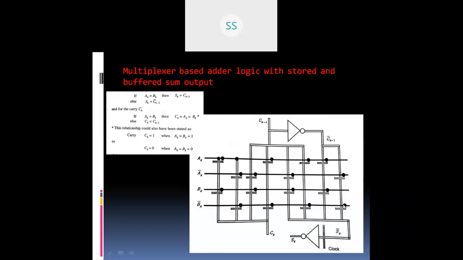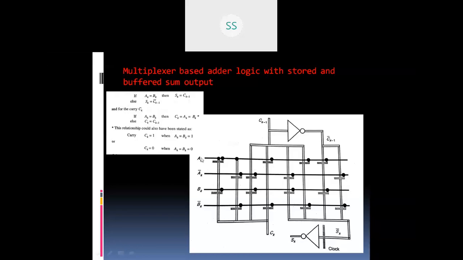So this line will go to the inverter, the CK bar 1 line is connected here, and this line will act as an input to the inverter and generates SK out.